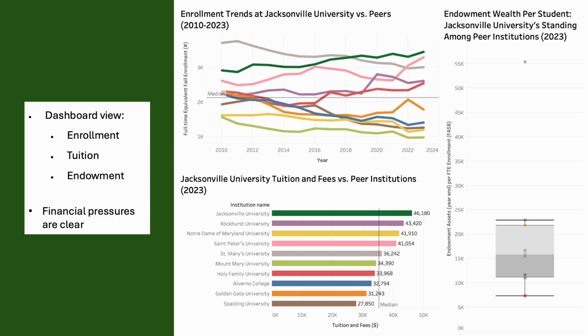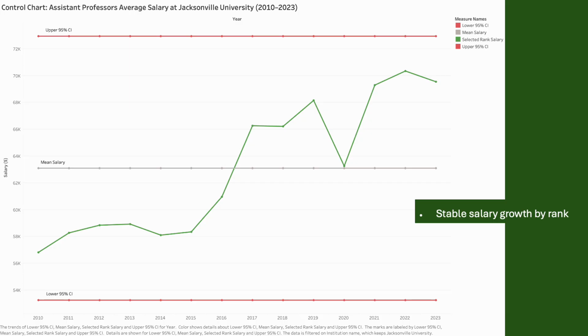Now, let's take a closer look at how JU has been investing in one of its most important assets, its faculty, by examining salary trends over time. These dynamic control line charts for faculty salaries show both important stability and clear strategic choices. Salaries for all ranks have generally increased over time, approximately 10% over 13 years.